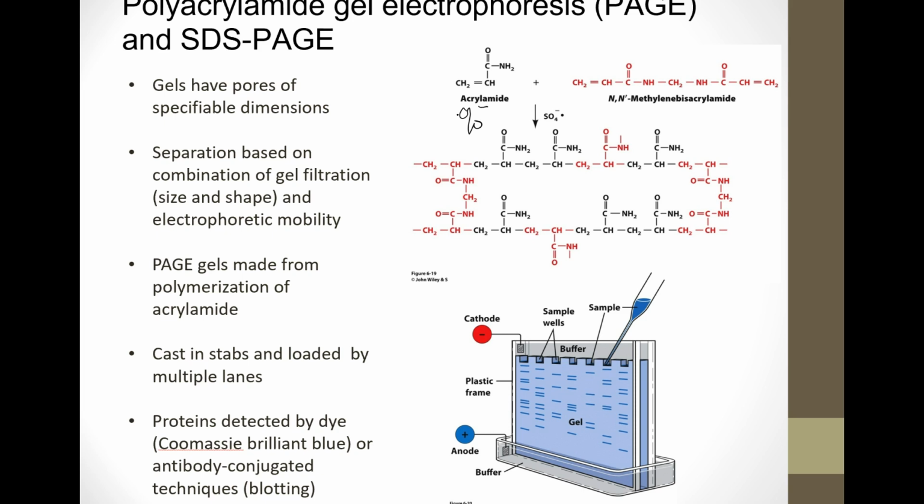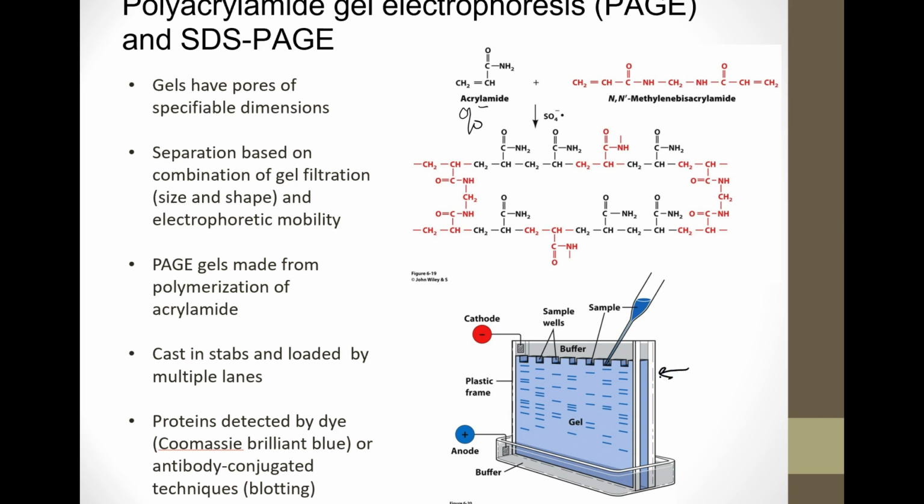High percent acrylamides are going to have gels which have smaller pores, and that means that the smaller proteins will migrate much more quickly through it, whereas larger proteins will be retained near the top.